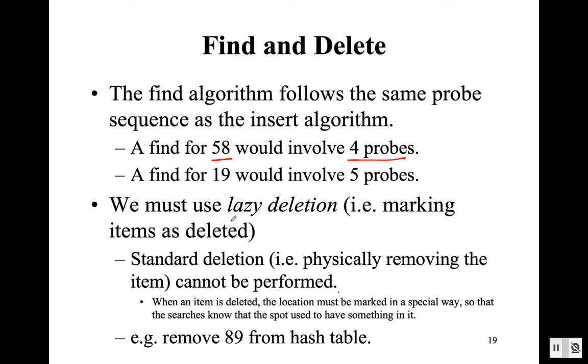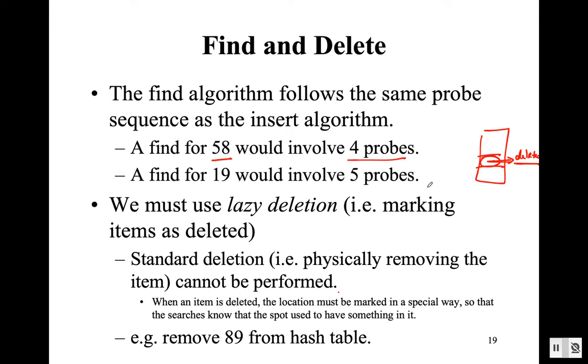Deleting in a hash table is known as lazy deletion. So what is lazy deletion? Lazy deletion means we are not going to entirely, physically delete the item from the hash table. Instead, we are going to mark the cell as deleted.